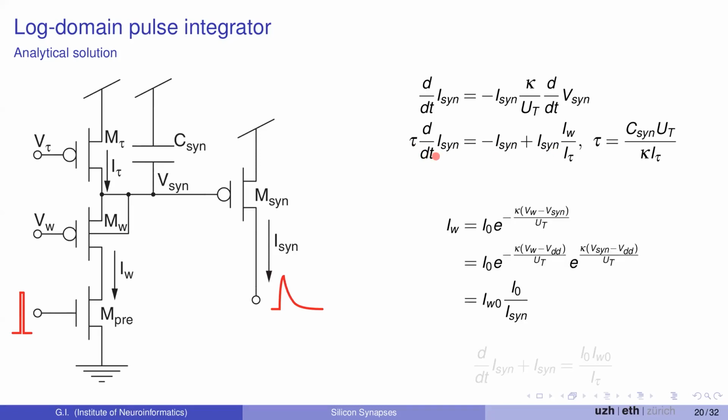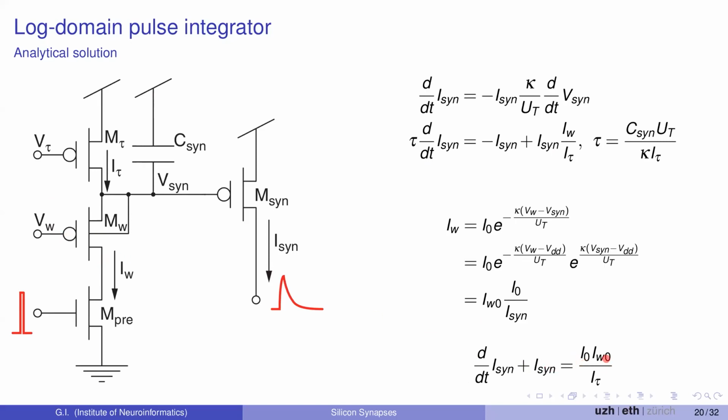Sorry, let me just go through it. In the end, the solution of this first order differential equation depends only on the initial condition that was running through the transistor here, times the leakage current I0 divided by Itau. So this is basically a steady state.